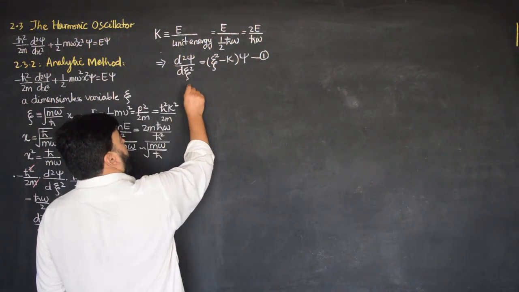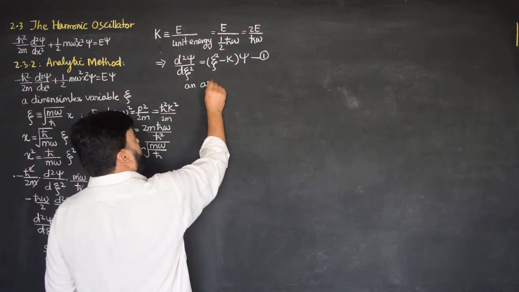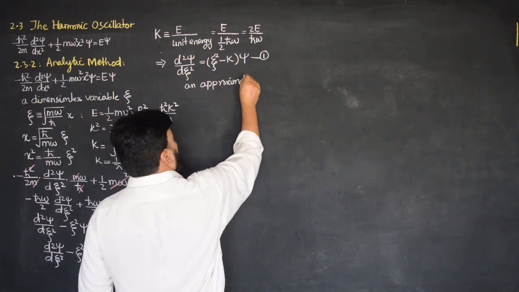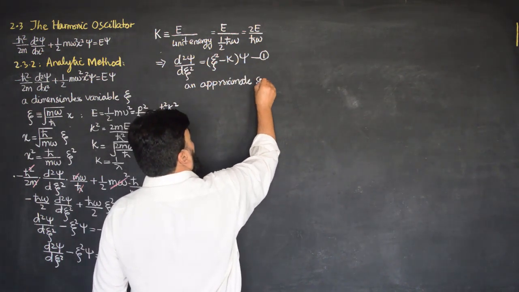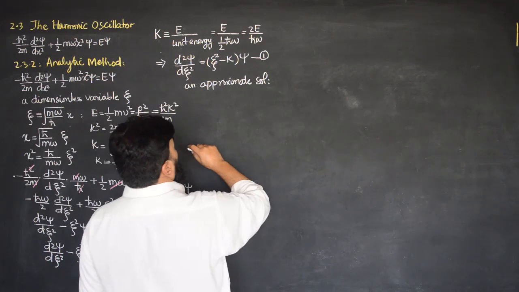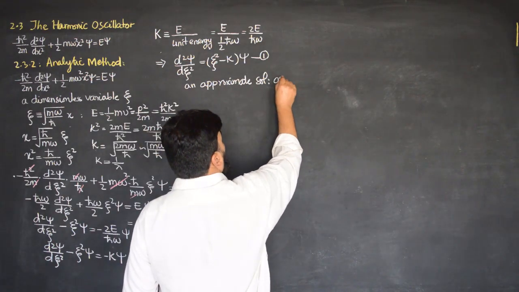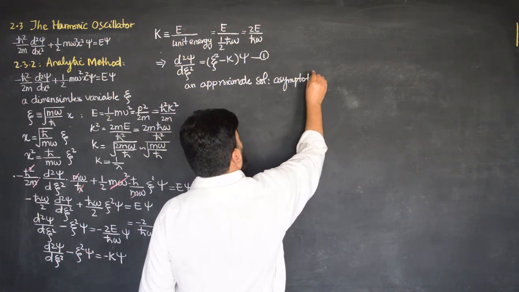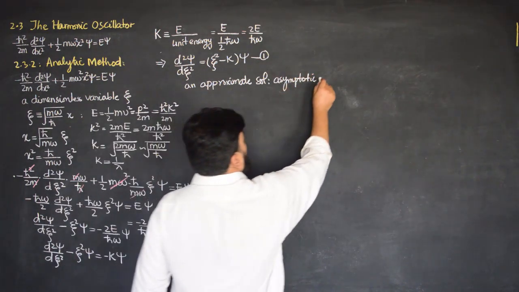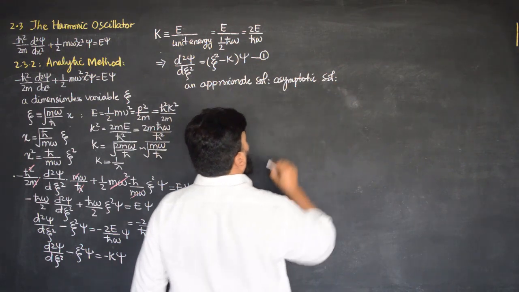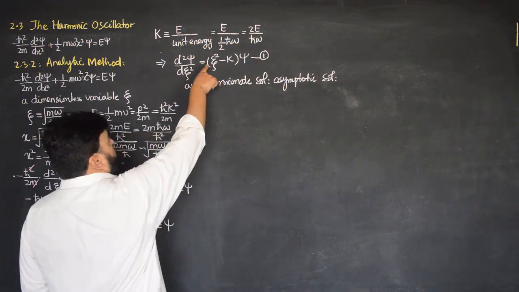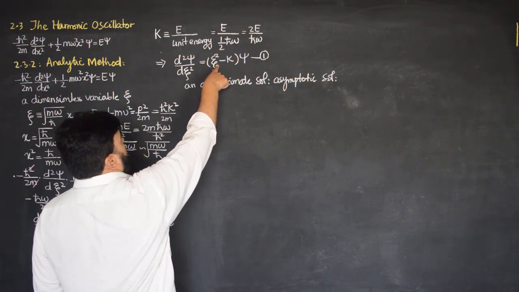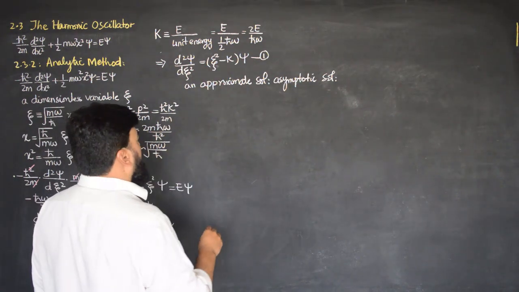We find an approximate solution of this equation, which we also call the asymptotic solution. The asymptotic solution is basically just considering our variable at extreme limits like plus minus infinity.